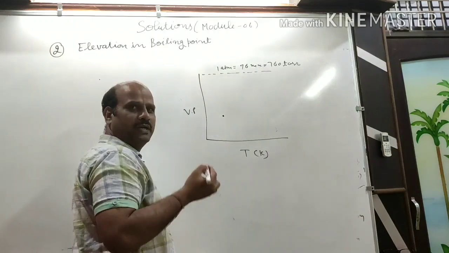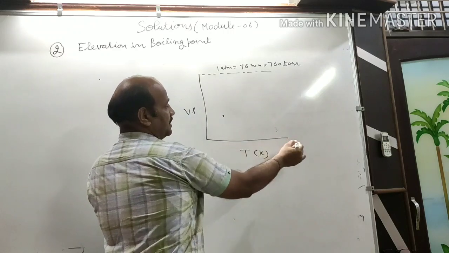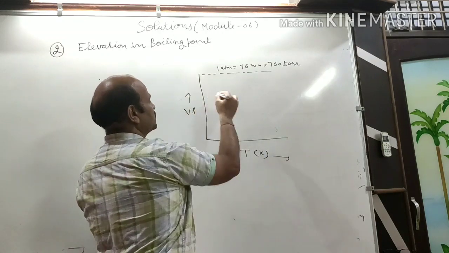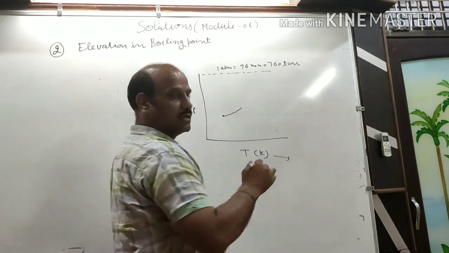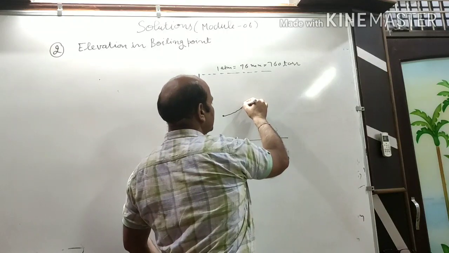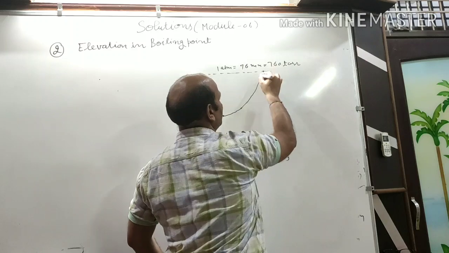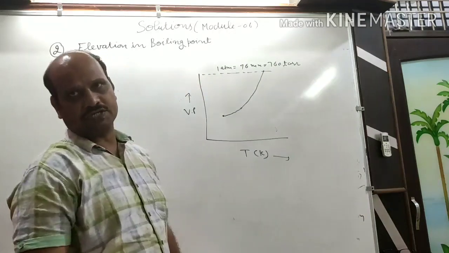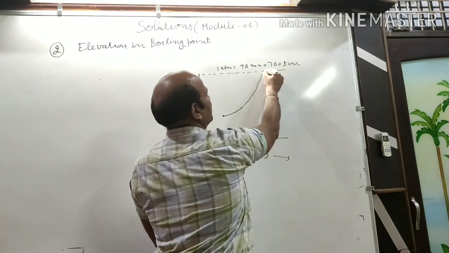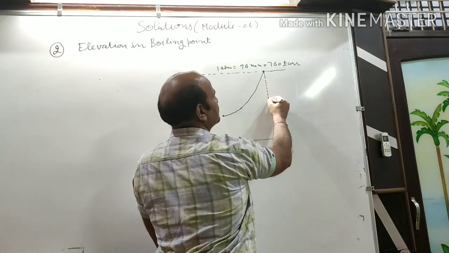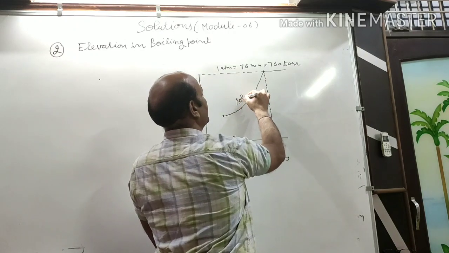Now you take solvent, pure solvent. You may take water even. Now what happens when we increase the temperature? Vapor pressure goes on increasing like this. And the more you increase the temperature, the more will be the vapor pressure. At one time, this vapor pressure touches the atmospheric pressure. Then boiling starts, and this is called the boiling point. This curve is for solvent.